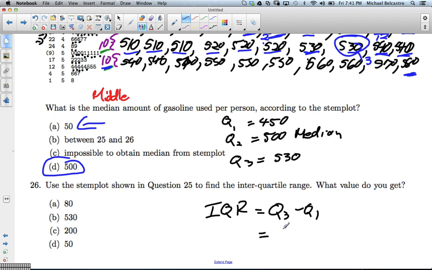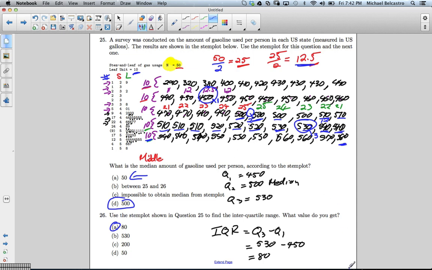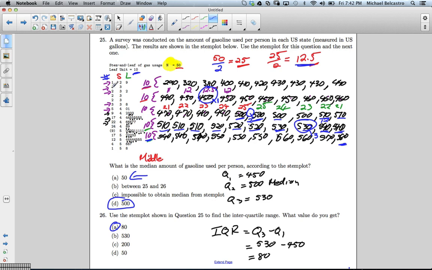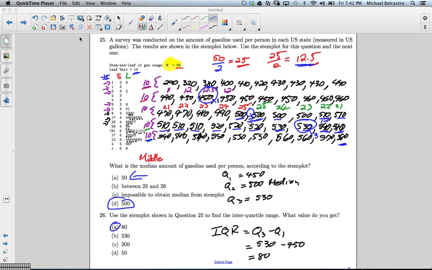Exactly. So we get 530 subtract 450, which is going to be 80. So 80 is our answer for that question. So that's what they did there. Now, we didn't have to write all that information out, but if we didn't understand what these numbers on the left meant, it technically would be easiest in order to find all that by doing that much work.